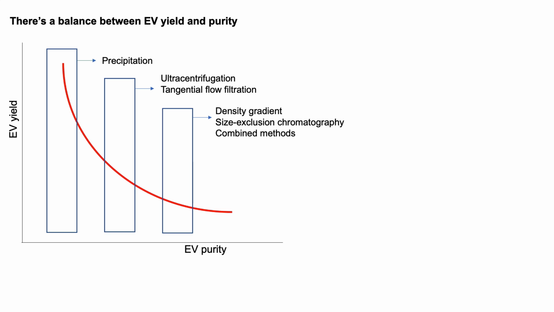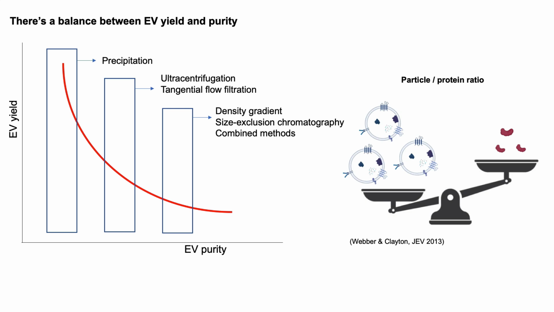And if we think about purity, an elegant way of defining this is the particle to protein ratio that was first defined by Jason Webber and Aled Clayton in 2013.